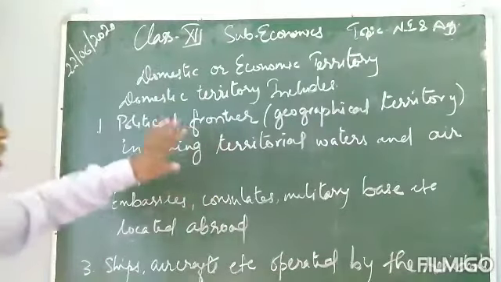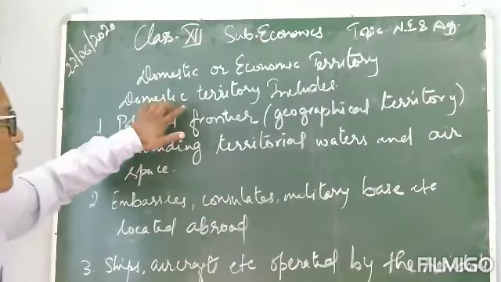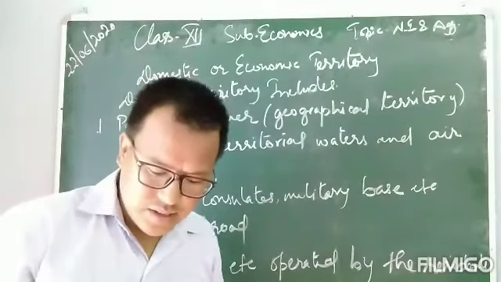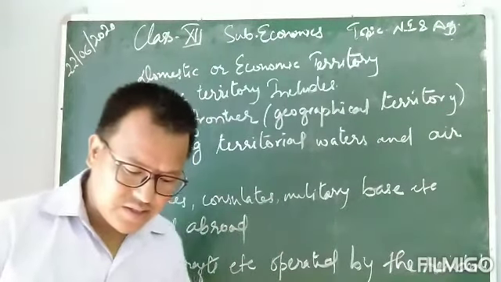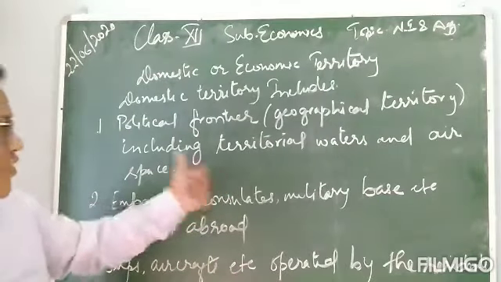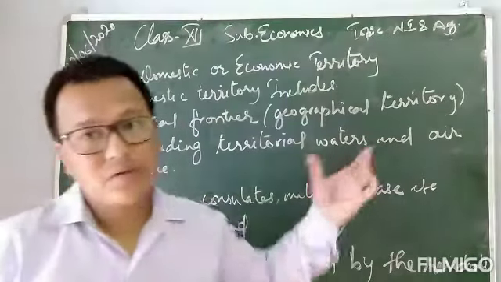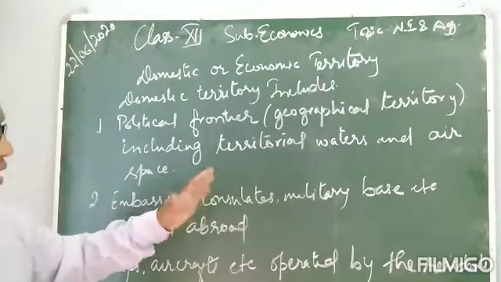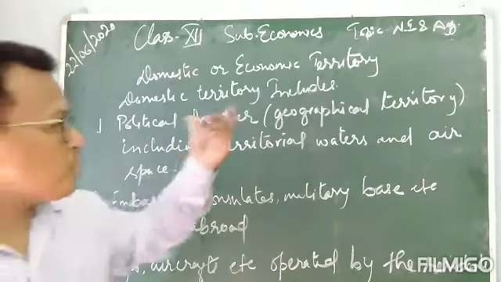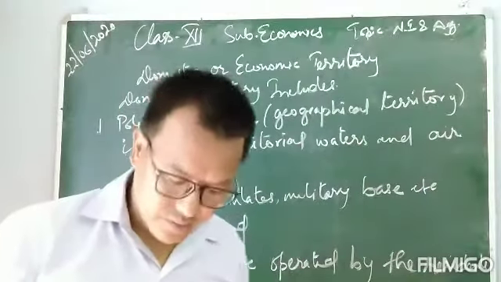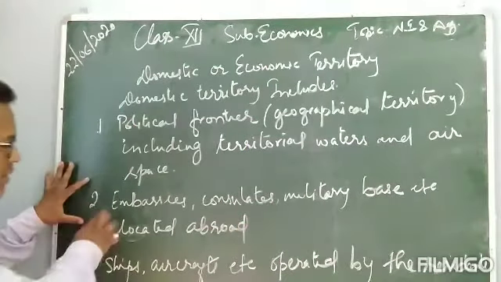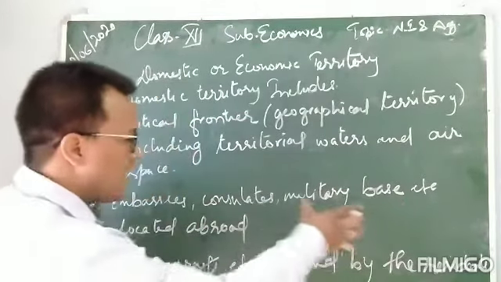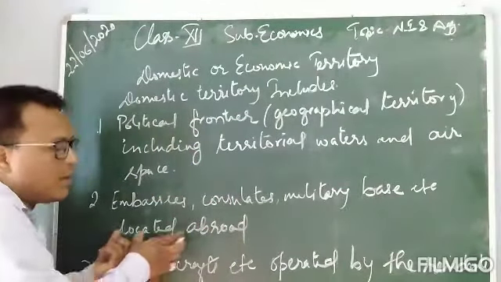Therefore it is included in domestic territory. Another example is telecommunication services provided through air or space, where Reliance Communication in India has established its telecommunication. Second is embassies, consulates, military bases, etc., located abroad.